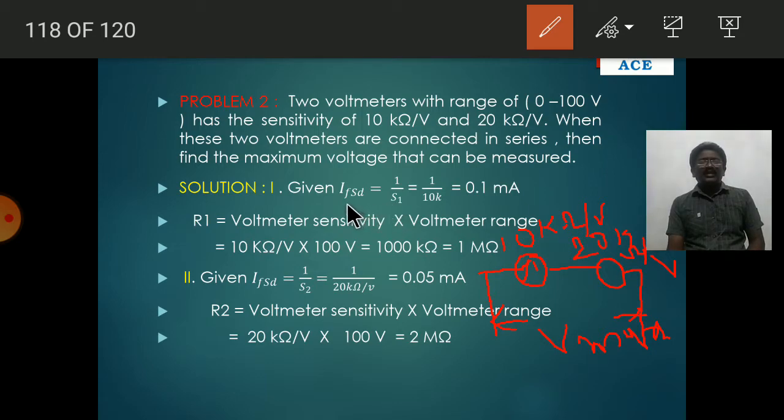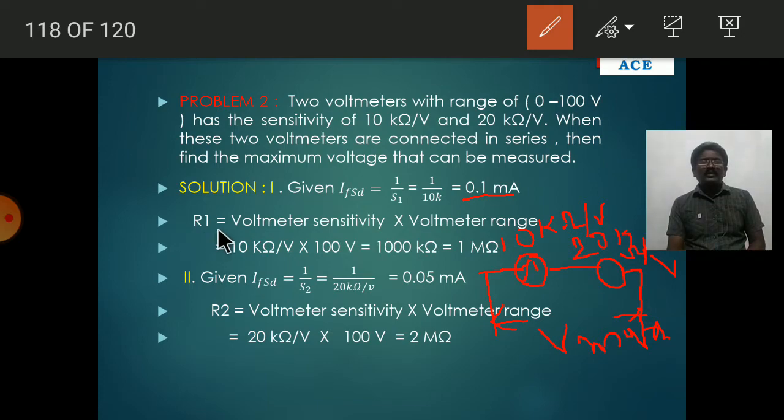Now write IFSD equal to 1 by S1. Substitute the value of S1 here, then you will get 0.1 milliamps.